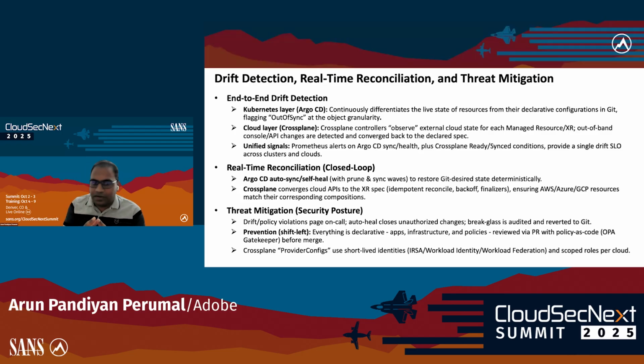Under real-time remediation, Argo CD is not just about spotting that drift. It automatically heals it. We can enable the auto sync feature or the self-healing feature, so it restores that configuration from Git. And Crossplane also reconciles the resources that were provisioned on the target environment, and it enables the resources on AWS, Azure, or GCP to align with what we have in that code.